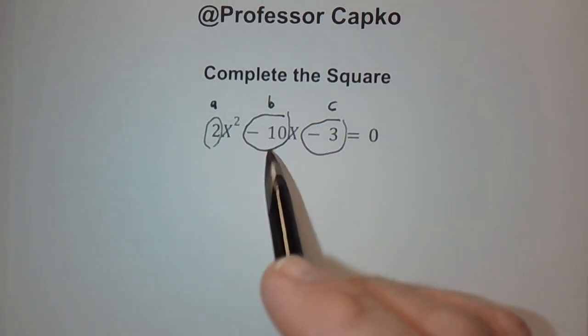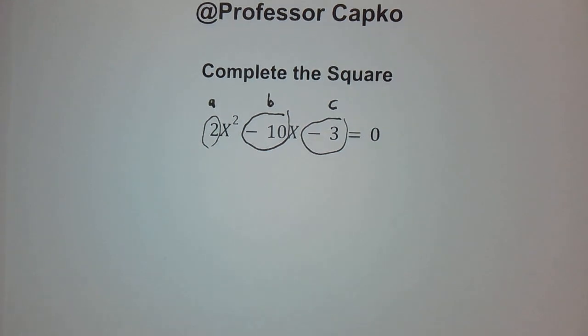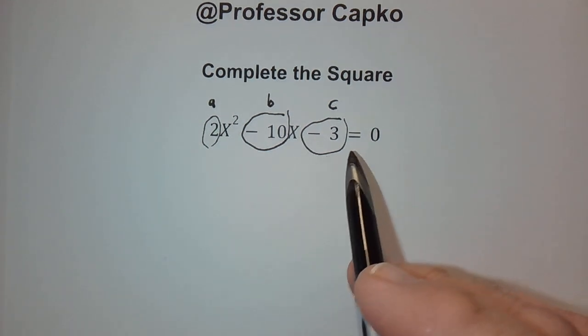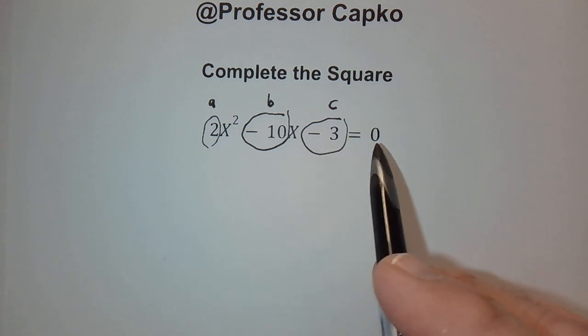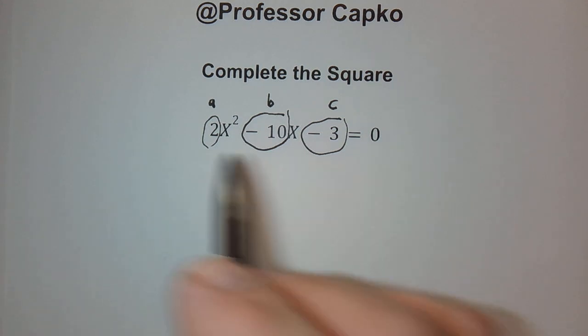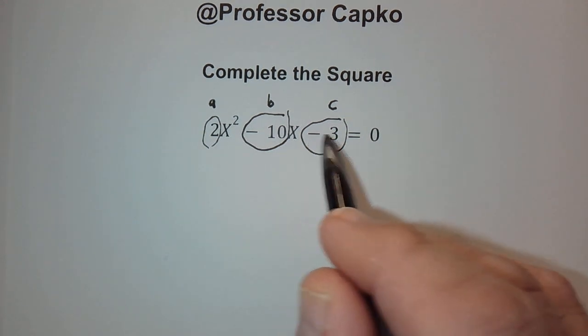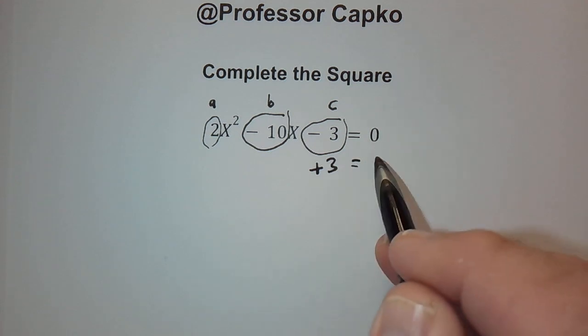The first step then is to move this c term to the other side. Some folks will just know that you change the sign and put it over here. But the reason, if you're not sure, is that because we're subtracting 3, we're going to add 3 to both sides.